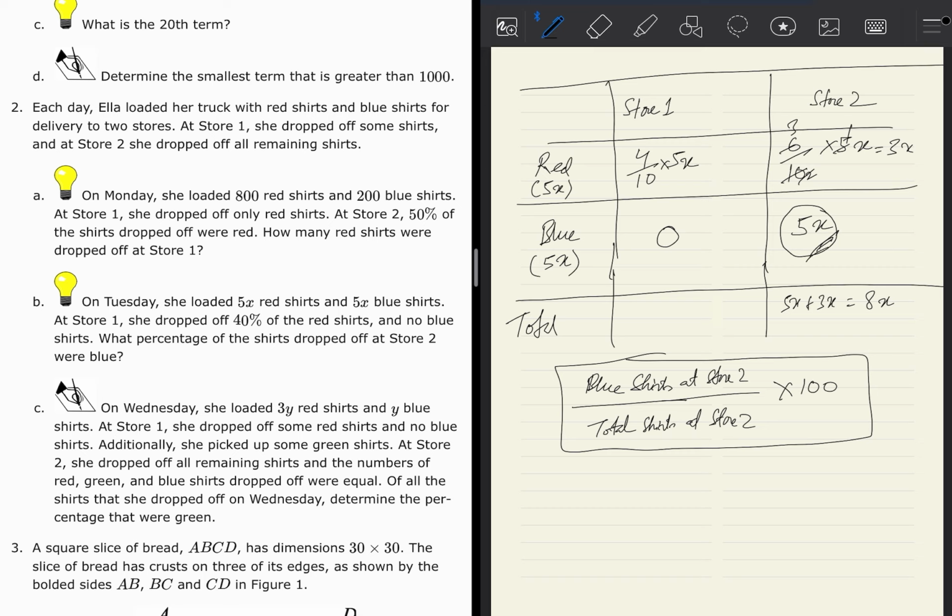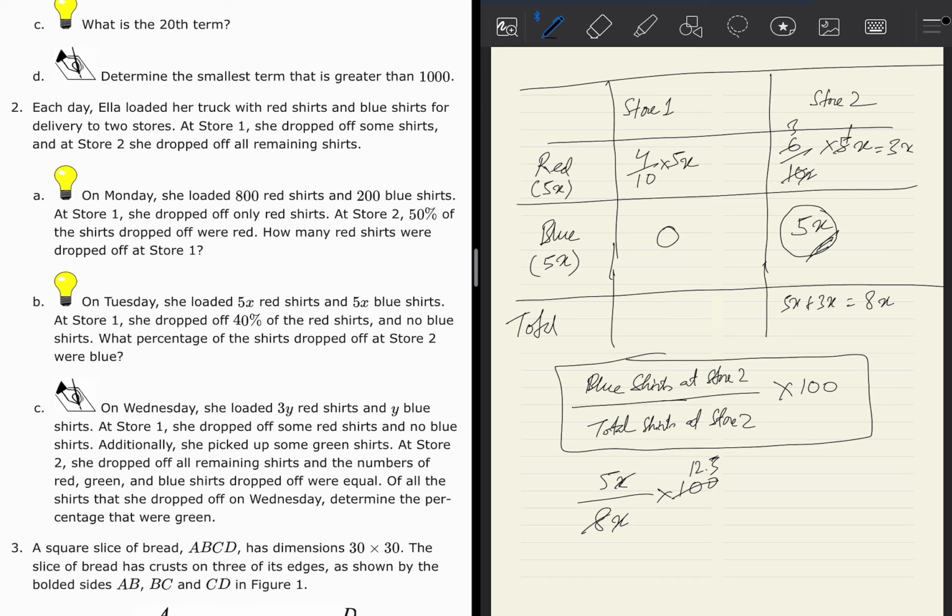We know the blue is 5x and total is 8x, multiplied by 100. If you divide 100 by 8, it's 12.5 basically. I think I'm right. Yeah, it's 12.5.